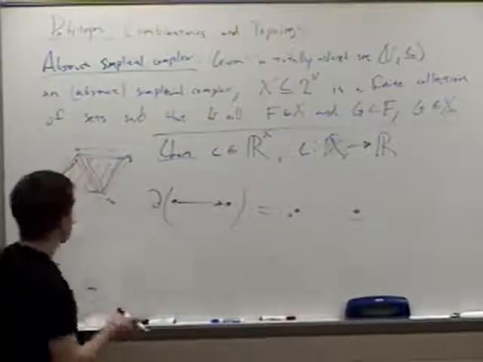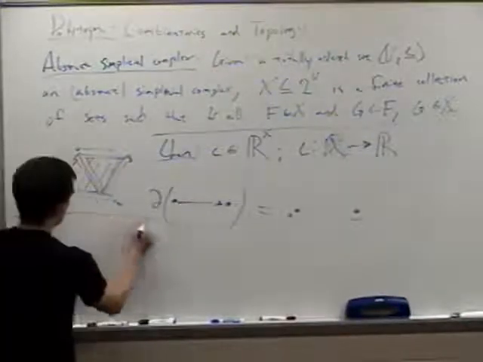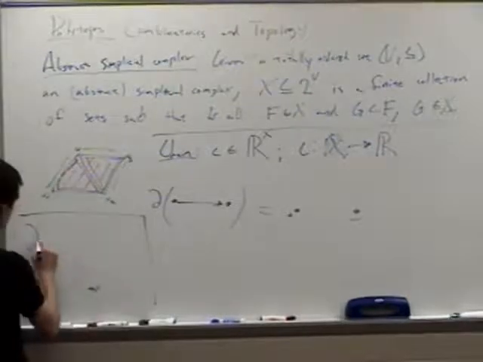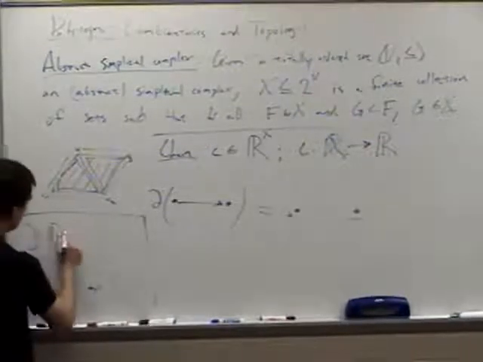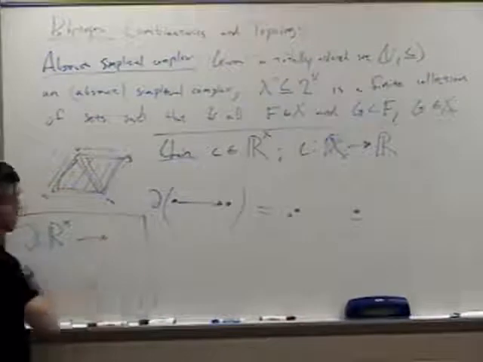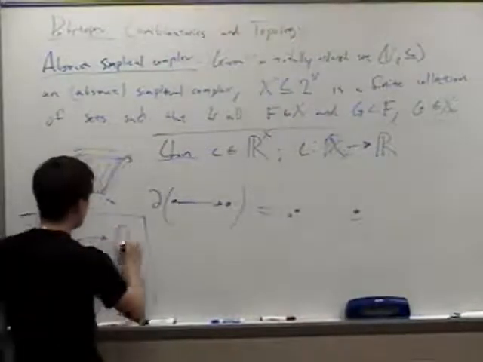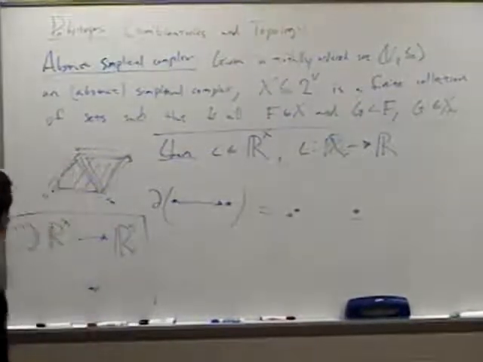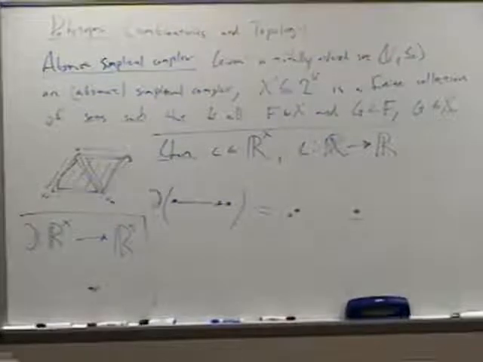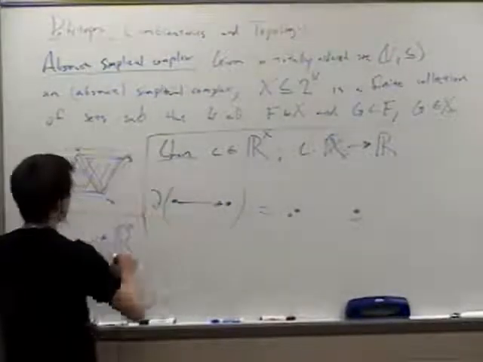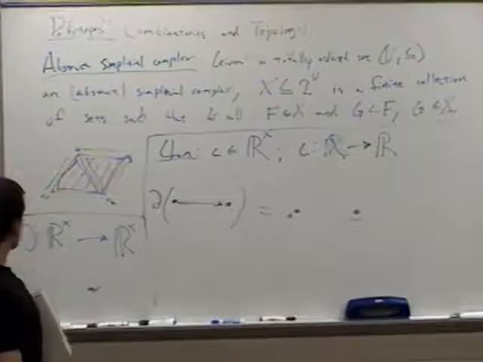That's the idea. So we're going to have this thing, delta, which will take a chain. This is some function on the cells, and then give us a new function defined on the cells. OK. So how do we define this?